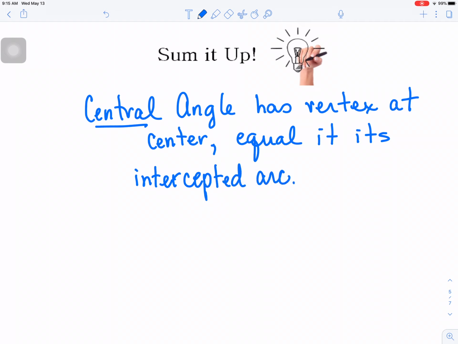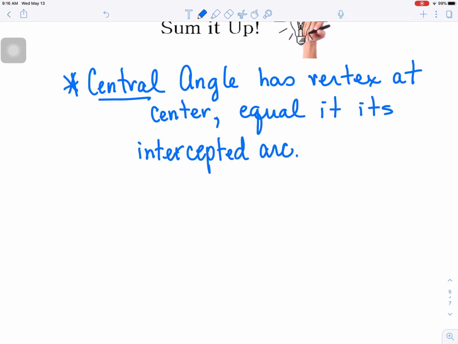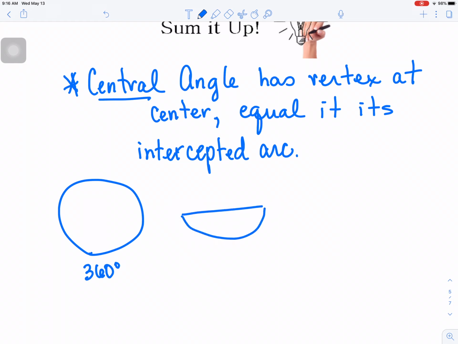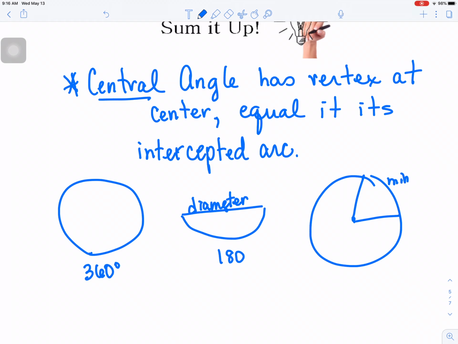Okay, that's the summary. Also, the other thing we learned was all the way around the circle is 360. Okay. Halfway around is 180 if this is a diameter. Right? We learned about the minor arc and the major arc. Okay?